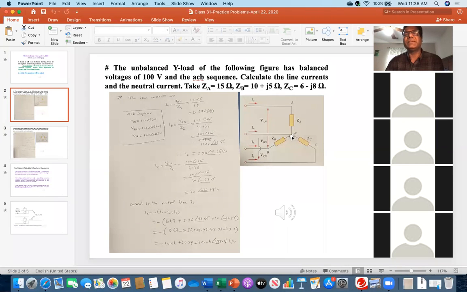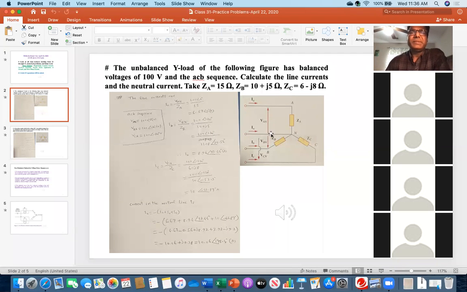And you see there is a neutral line, neutral point, and in each phase the currents are entering like IA current, IC current, IB current, but then there is a neutral line. Through the neutral line, another current IN is entering and it is going to the point N.